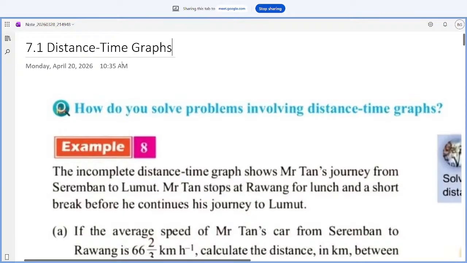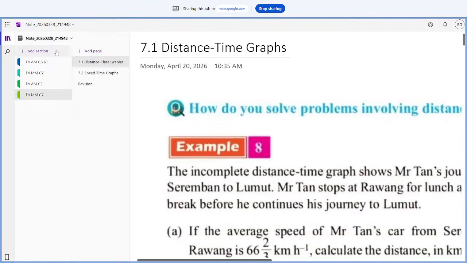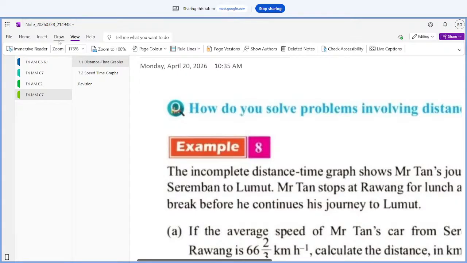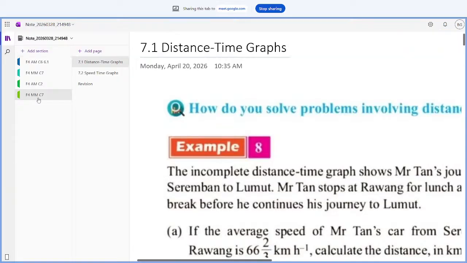Alright. How if the gradient is horizontal, guys? Kalau kecerunan tu mendatar maksudnya apa? Let's say it's horizontal on a distance time graph. What does it represent? If it's horizontal like this, we are talking about uniform velocity? Wait, no. Stop, guys. Now we are talking distance time, jarak melawan masa.